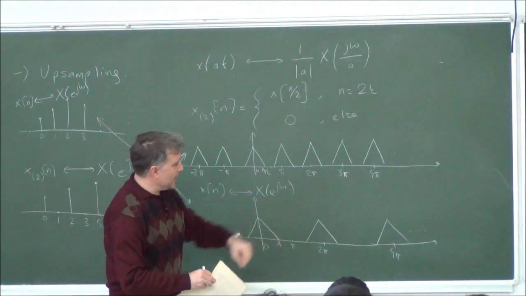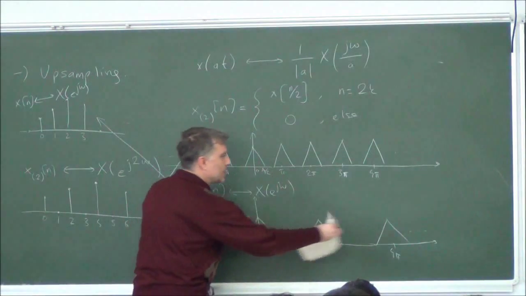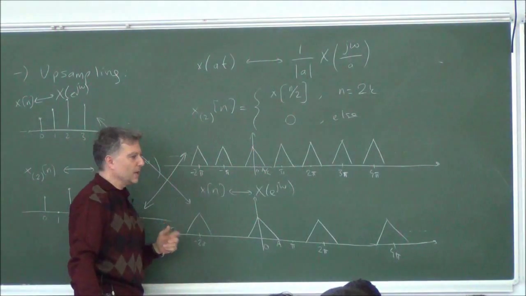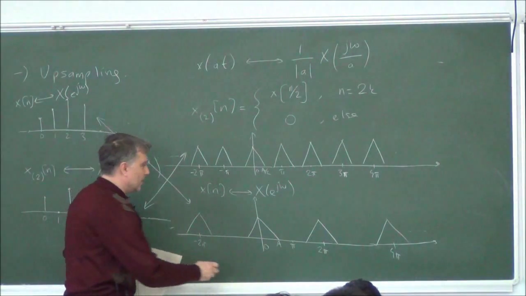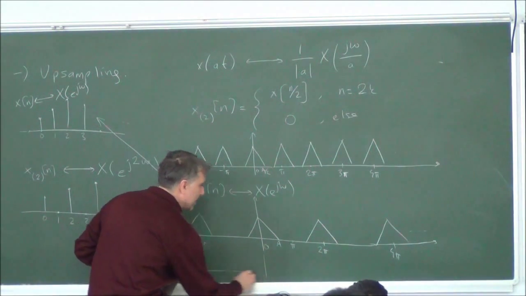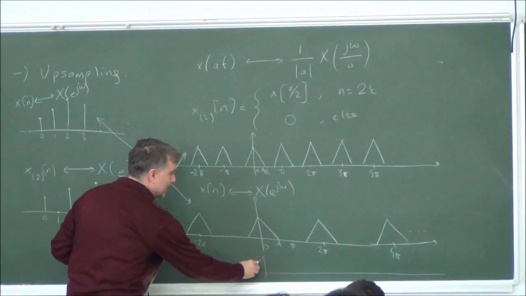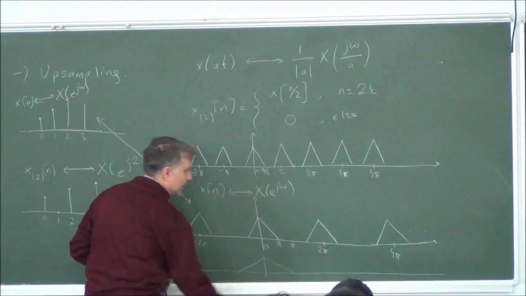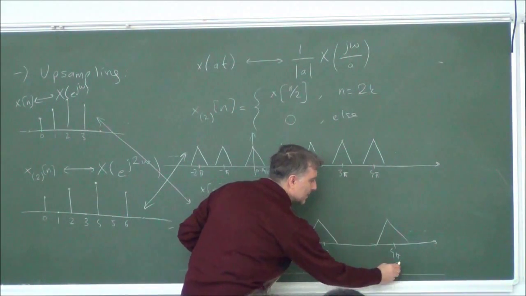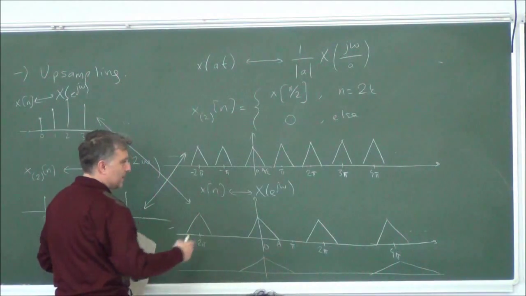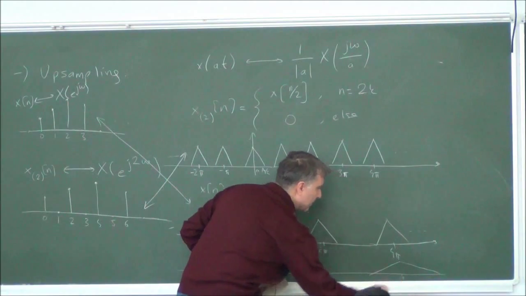So that is y of n. What is the Fourier transform of y of n? The straightforward answer is expand this by a factor of 2. It will be a wider triangle here, and this 2 pi will go to 4 pi.